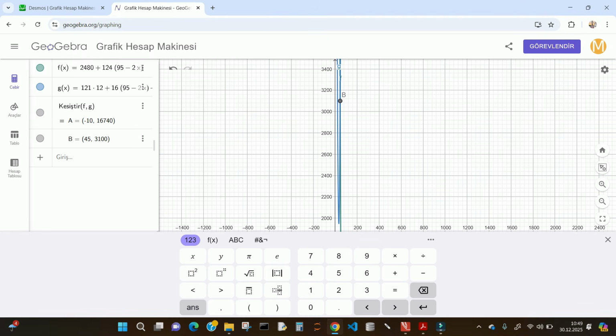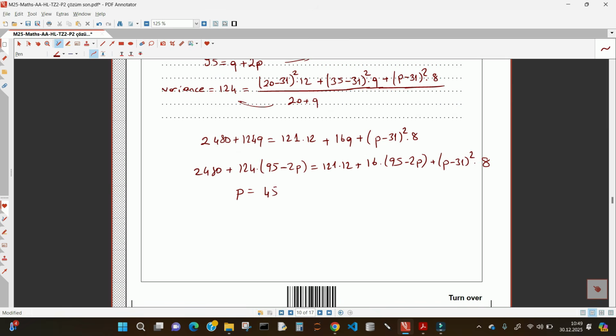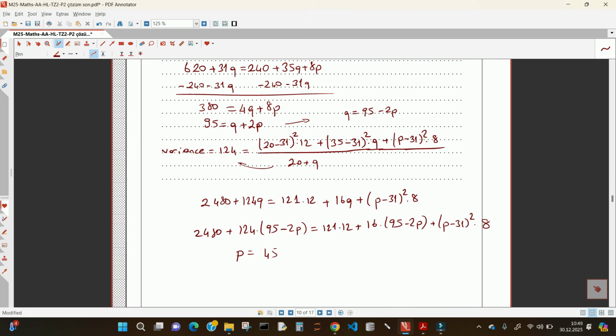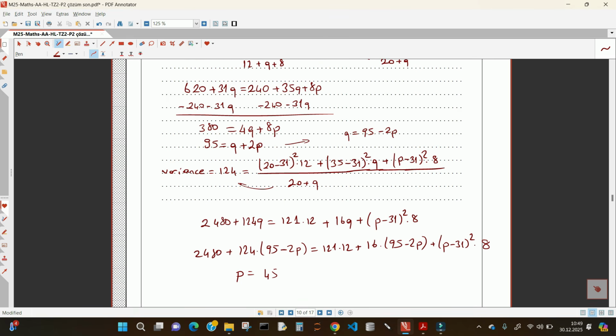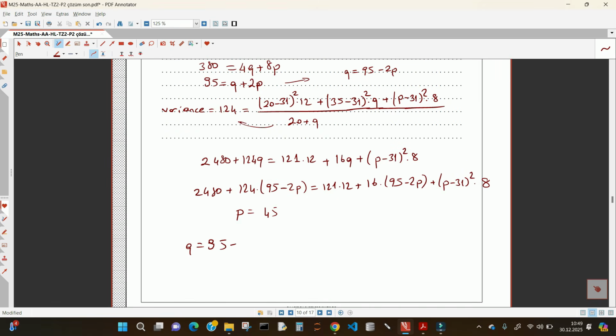This is going to be 45.31, so we can say 45, since the numbers are integers. And how are we going to find q? We know the equation q equals 95 minus 2 times p, which is 95 minus 2 times 45. 95 minus 90 is 5.